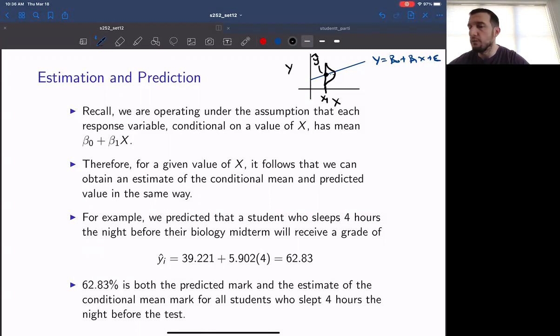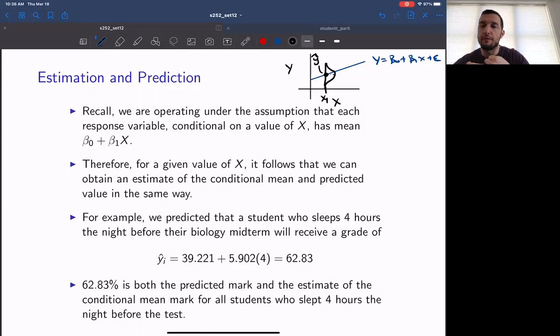So 62.83%, the point that I have predicted when x is equal to 4, is both the individual prediction for one person who slept 4 hours, and an estimate of the conditional mean of this normal distribution when x is equal to 4.